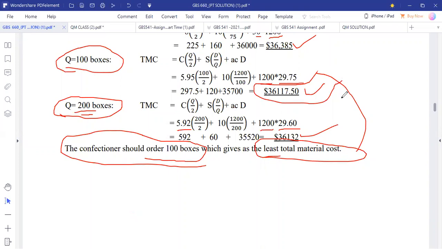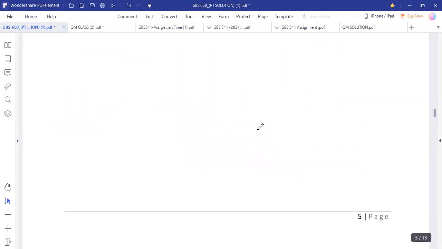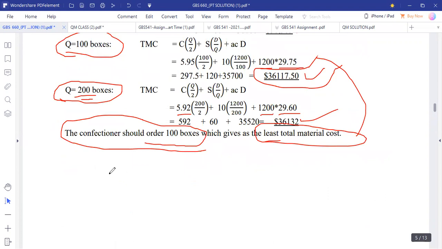So this is what goes on in this question here.